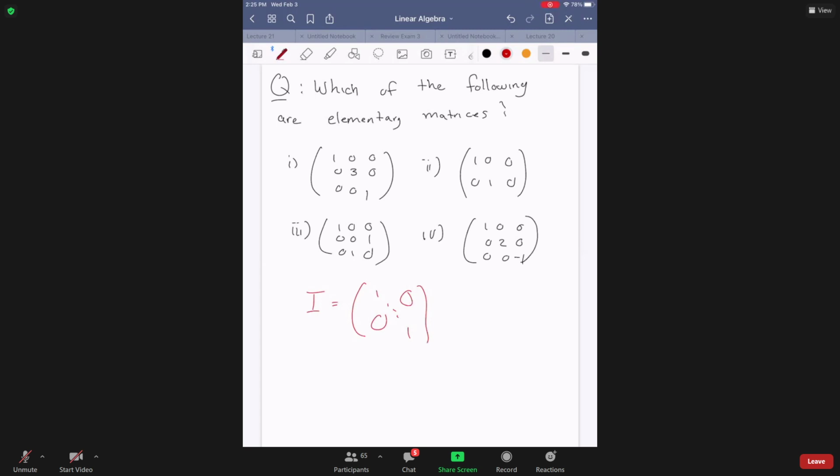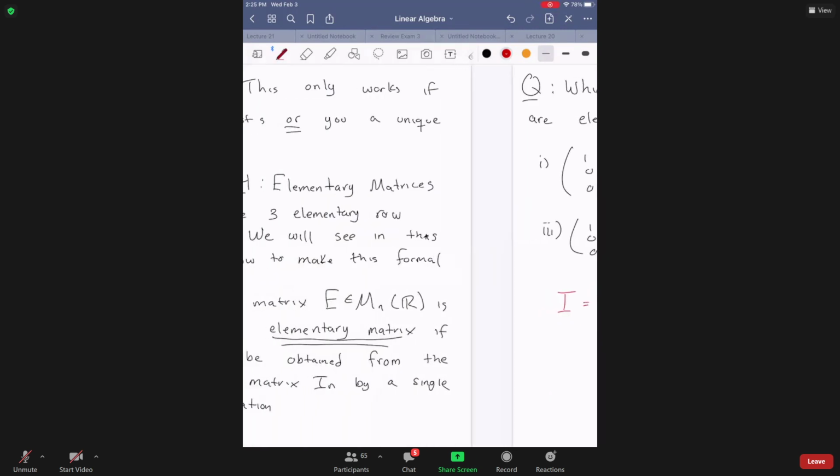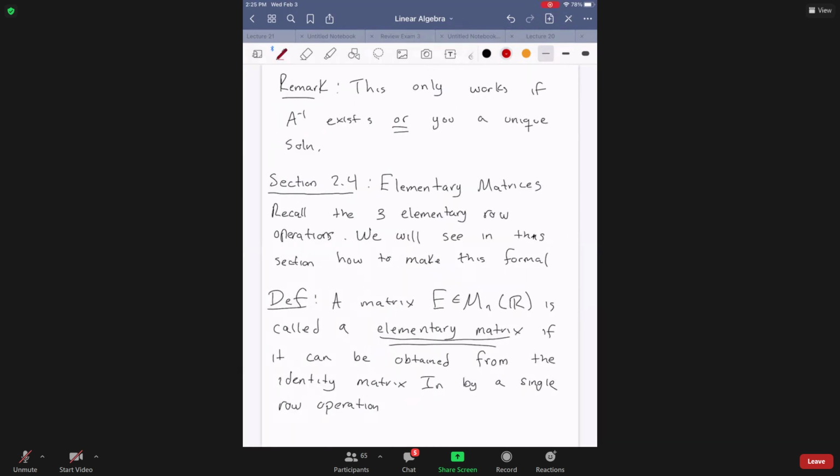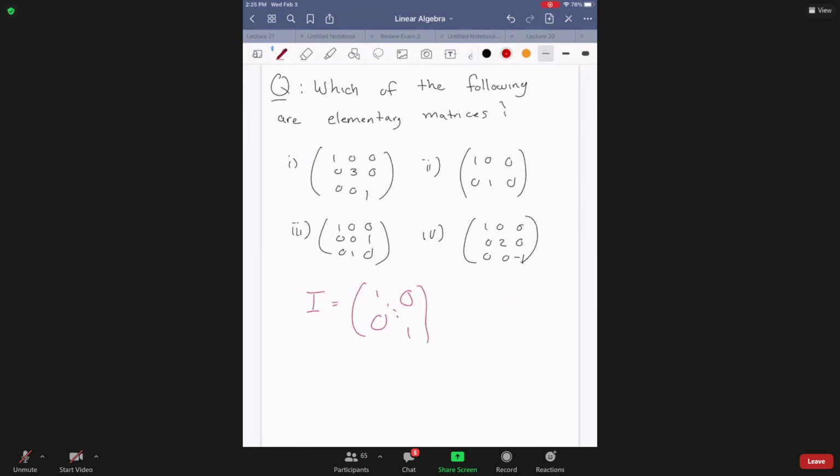The identity matrix has to be, first of all, square, and in my definition, what did it have to be? A square matrix, right? Is that thing a square matrix? No. So this one is a yes, and this is a no.